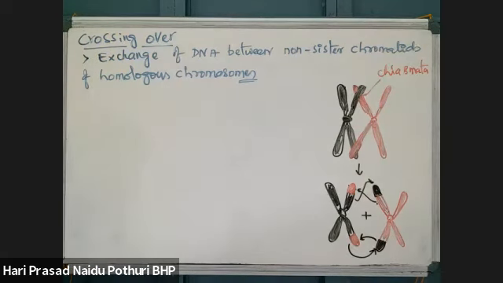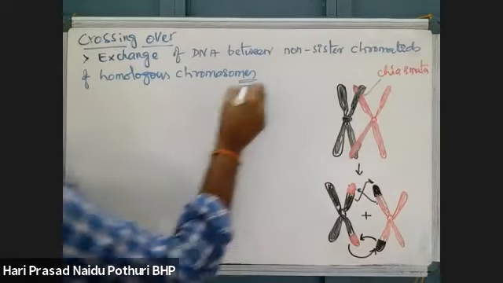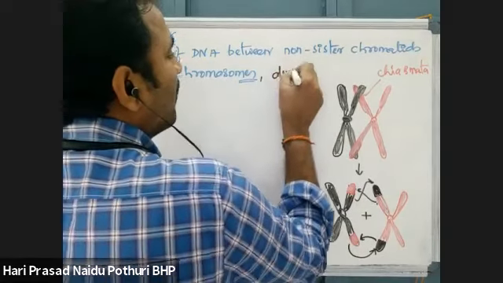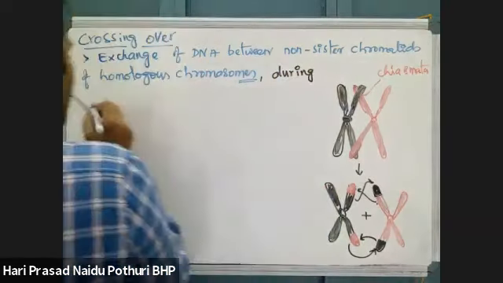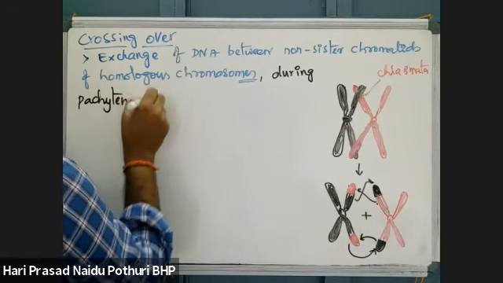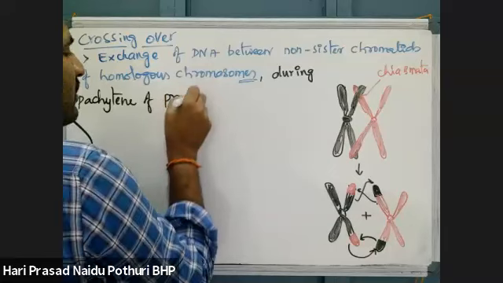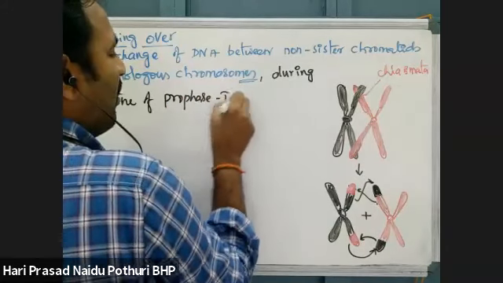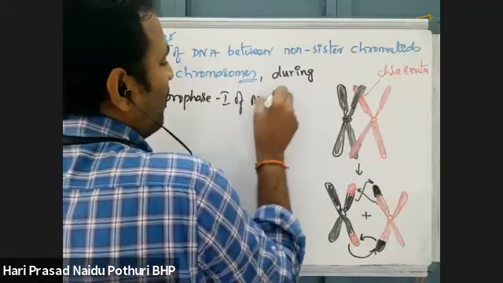Non-sister chromatids of homologous chromosomes. In pachytene, where is it taking place? During pachytene of prophase 1 of meiosis 1.